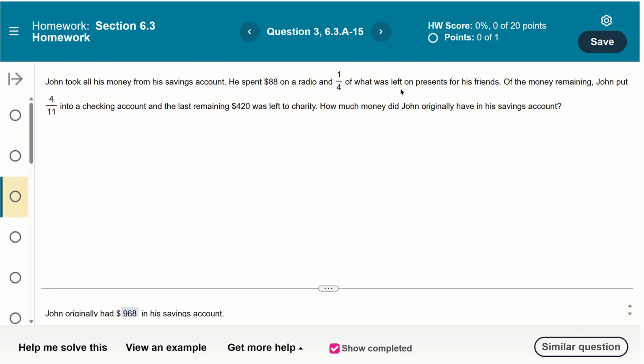1/4 of what was left on presents. So why don't we just give this amount that was left a name? Why don't we say, let x be the amount left after the 88 on the radio, right?